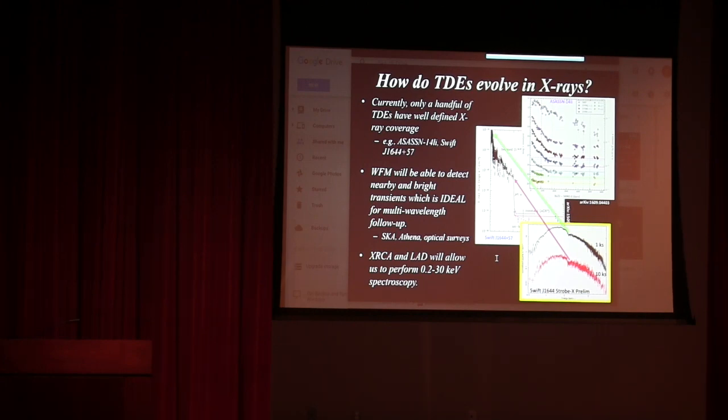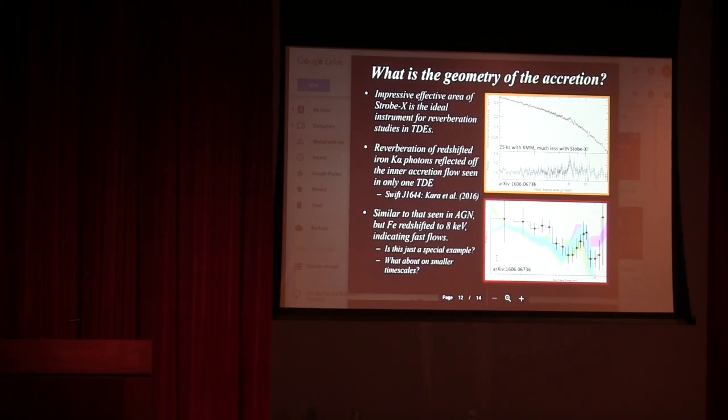So if you also go to the next slide, apart from being able to see how it evolves, one of the really important things we want to understand is how the TD accretes. What is the structure of the disk produced in a tidal disruption event, and how does this process occur?